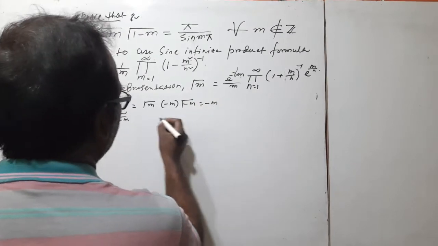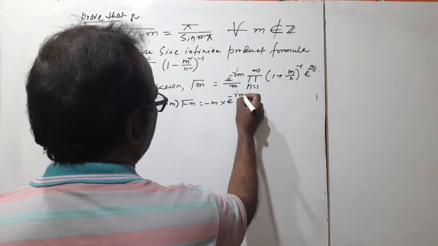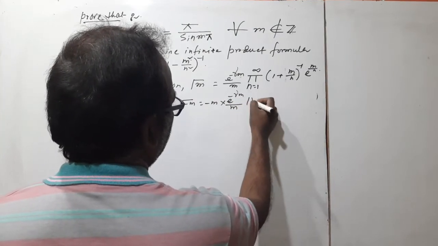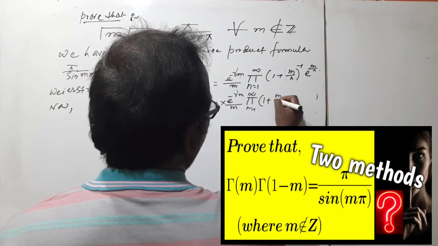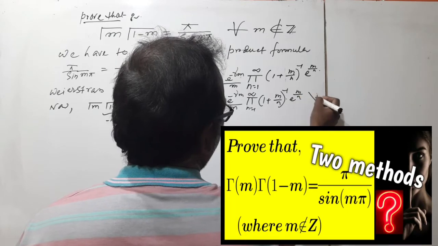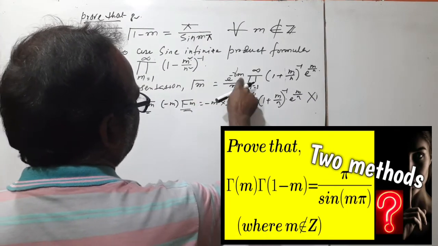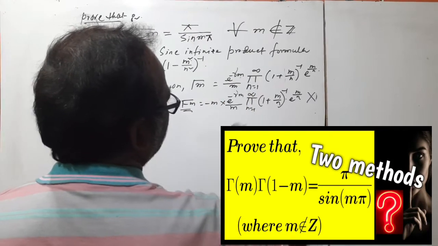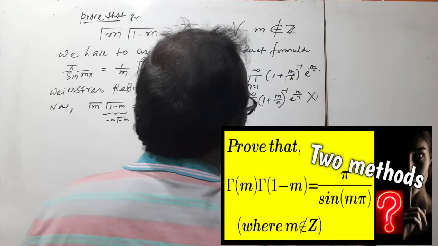For gamma m, we can write e to the power small gamma m over m, and the product from n equal to 1 to infinity of 1 plus m over n to the power minus 1 e to the power m by n. And for gamma minus m, if we put minus m here, that would be plus m. Here is minus m by n to the power minus 1, and here is e to the power minus m by n.